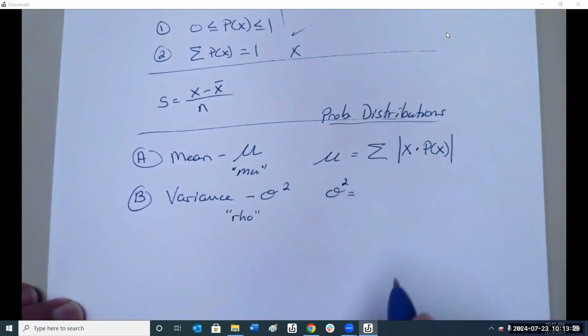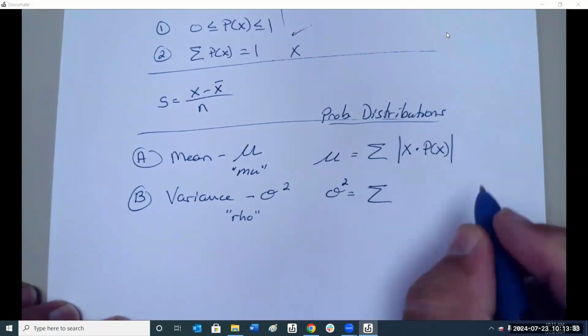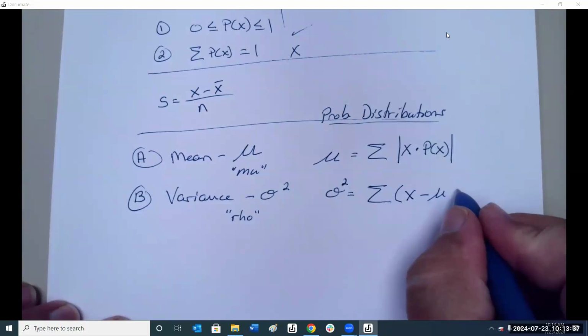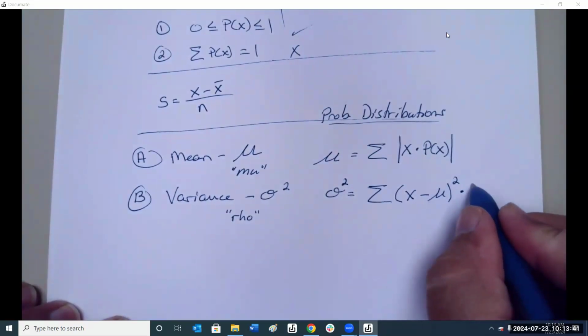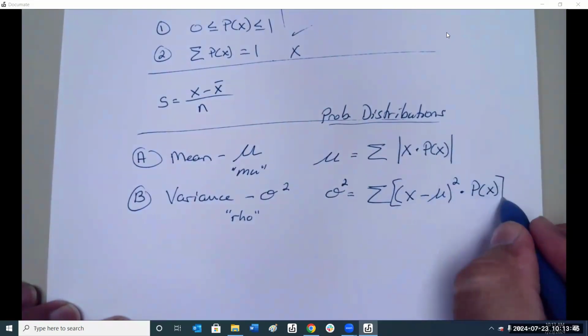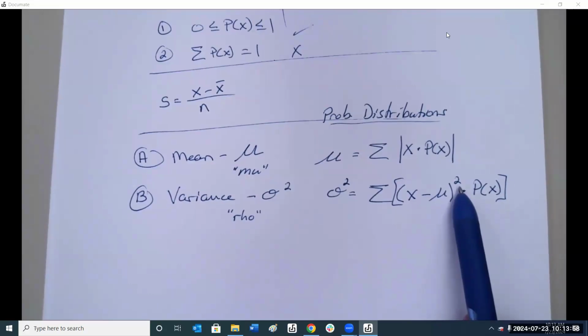So rho squared, the variance, is equal to the summation of the individual x values minus the mean squared times the probability of that outcome. So it's x minus mu, the individual value you have minus the mu, the population mean, squared.